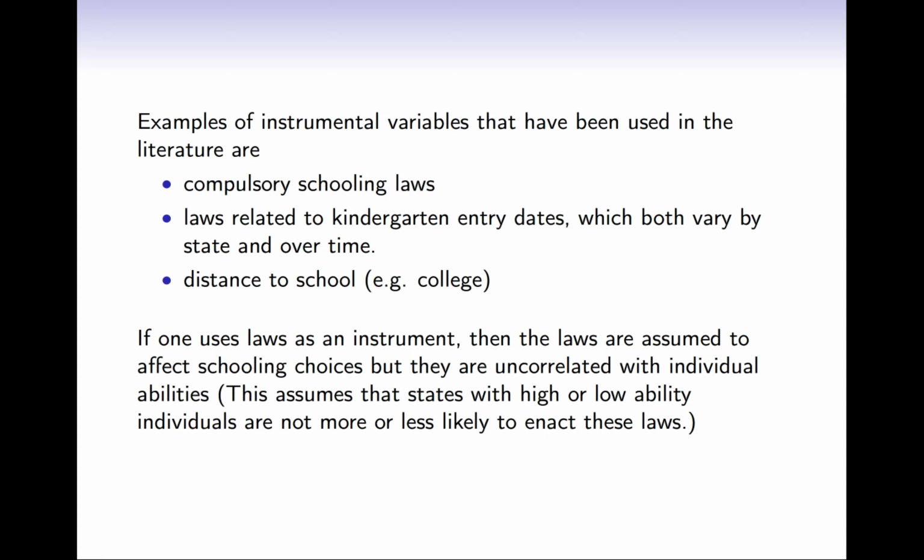You might think that parental background would be correlated with schooling, and definitely it is. But that doesn't make a good instrument, because parental background is going to be correlated with your ability, if there's some sort of heritable component of ability.